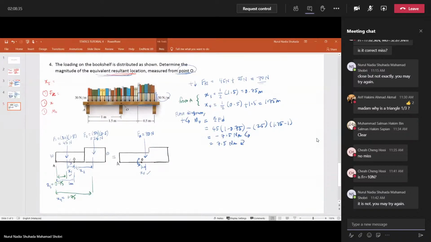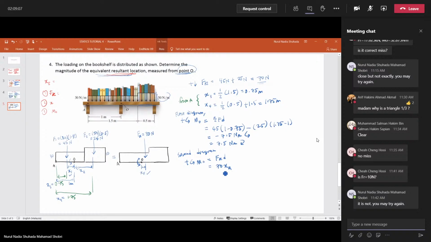Okay. So for the second moment, for the second diagram, FRD. We already know the FR to be 70 Newton, and the D is actually, just now I used XR.